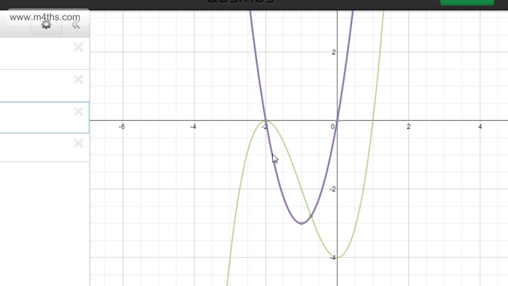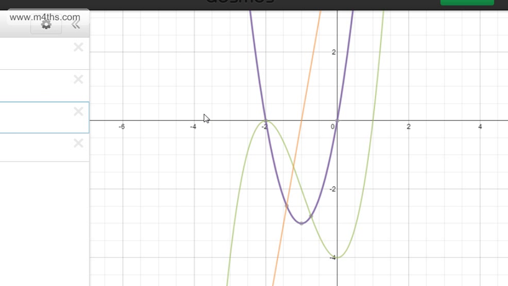What I'm now going to consider is f double dashed of x. Now this will give us a linear function. So we started off with x cubed plus 3x squared minus 4. The gradient function, if we differentiated it, was 3x squared plus 6x. This is going to be 6x plus 6.